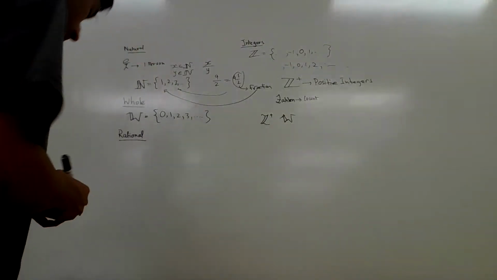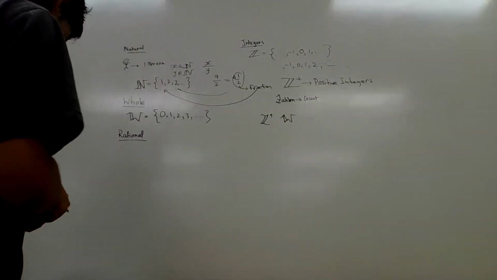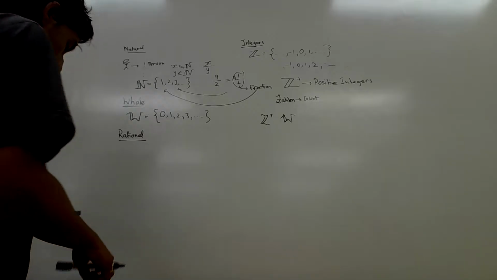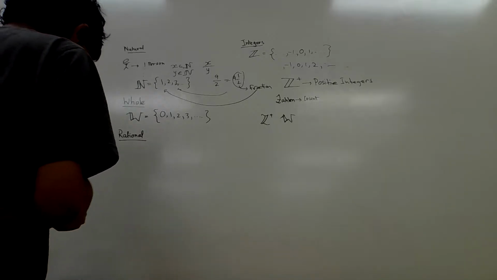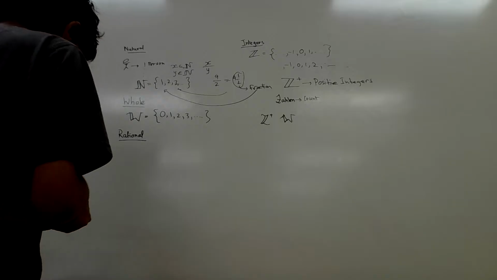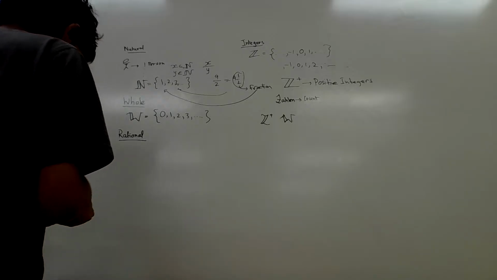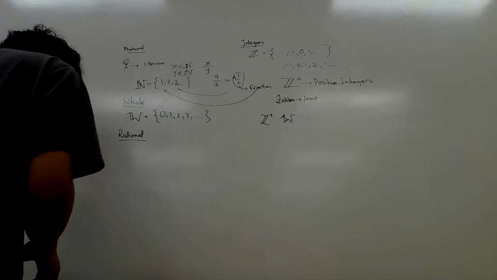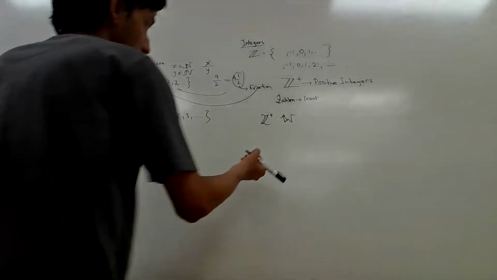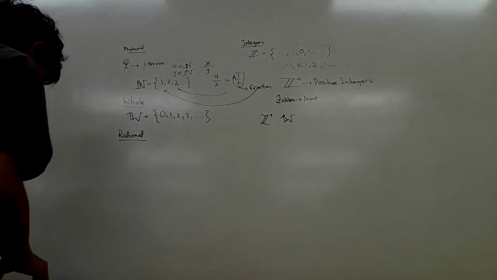Sometimes positive integers and whole numbers are used interchangeably because they are both the same.